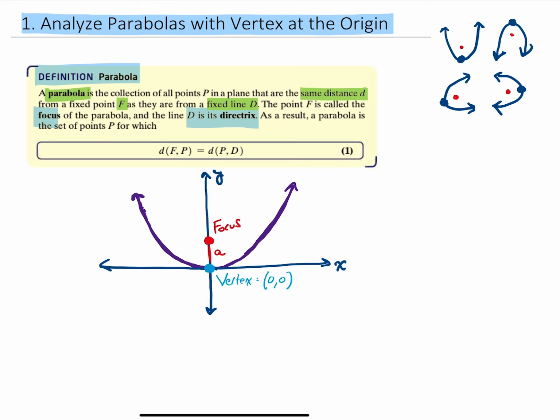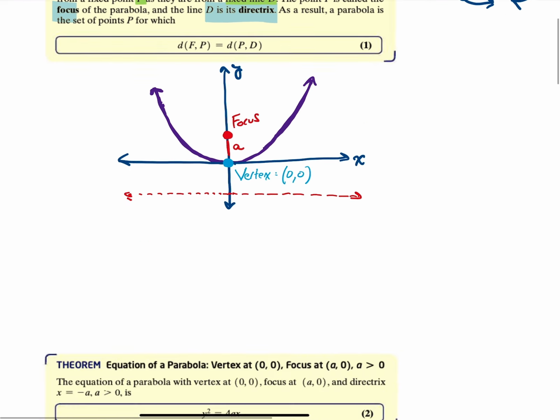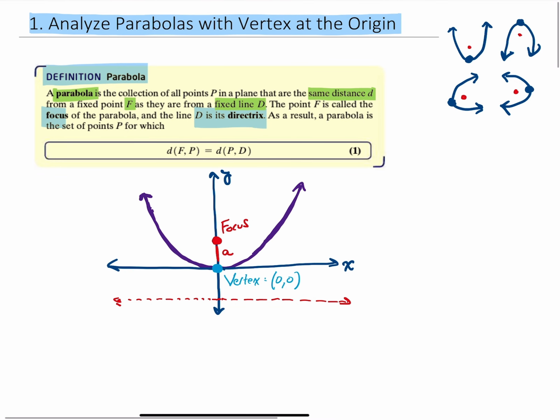In this definition, it's saying that every point on this graph is the same distance from the focus point and this line called the directrix. So the directrix exists on the other side of the parabola, would be somewhere here. So imagine, in this case, a horizontal line. I think I'll make it more solid, just so we can really see it.